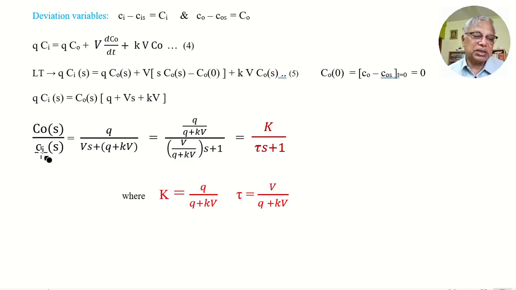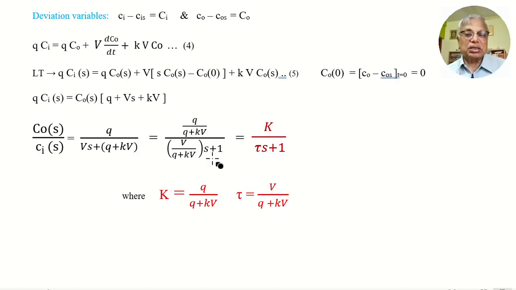So C naught of S by Ci of S, remember these are deviation variables, capital C naught and capital Ci, will be equal to Q by this, and I can bring it to the first order form K by tau s plus 1 by dividing the numerator and denominator by Q plus Kv, which is equivalent to K by tau s plus 1.